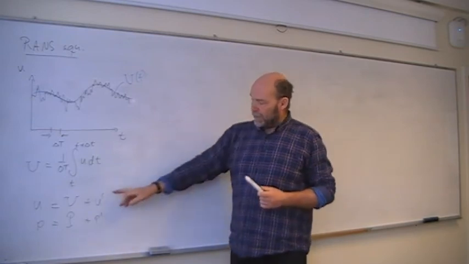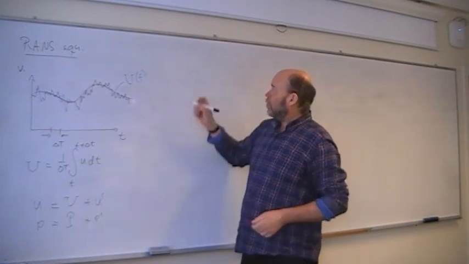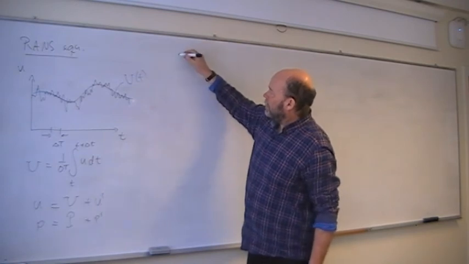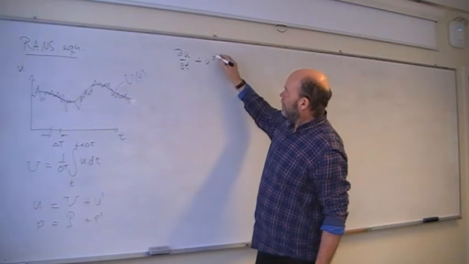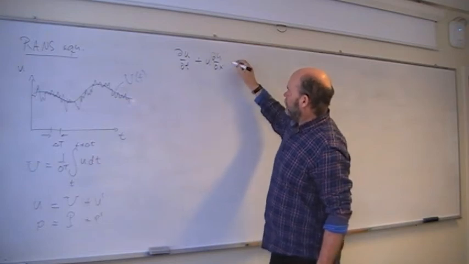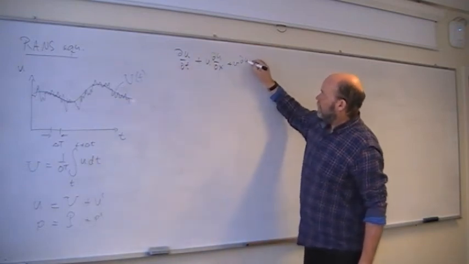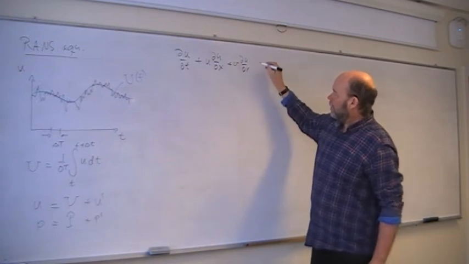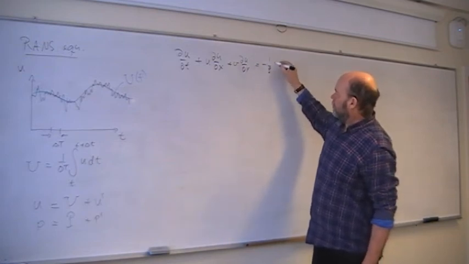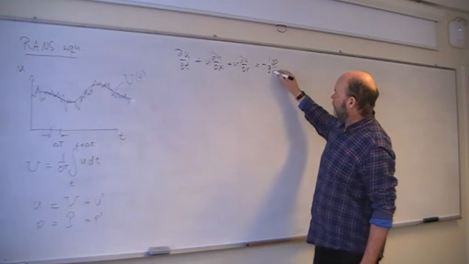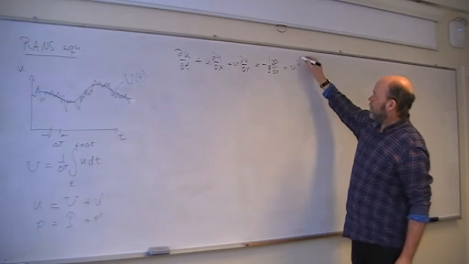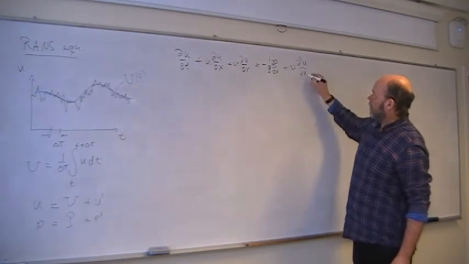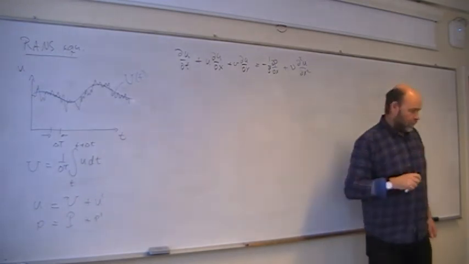Having done this split, we'll look at the equations of motion. So I just pick one component here: u dU/dx plus v dU/dy equals the pressure gradient, and then viscosity times the double derivative with respect to x, for instance.